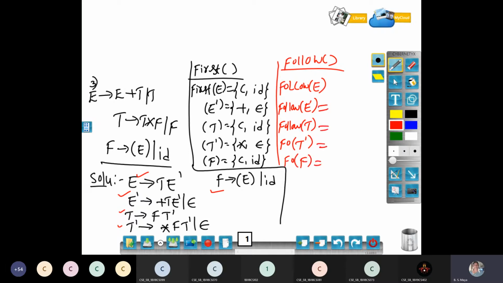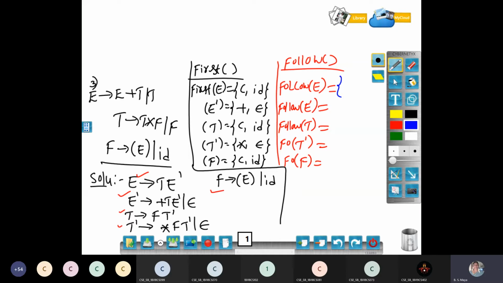In today's class we learned how to find the follow set. Let me ask, which one is the start production in my grammar? As per rule number 1, for the start production you have to insert dollar into the follow set.